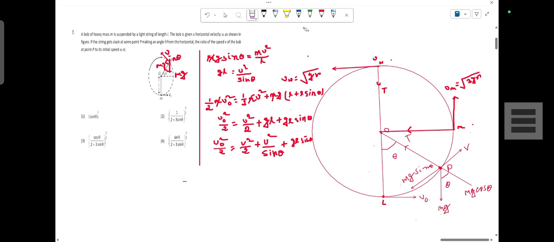Okay, no problem. v square upon sin theta, that is gL.